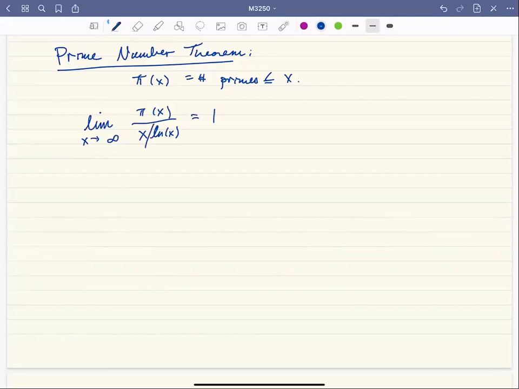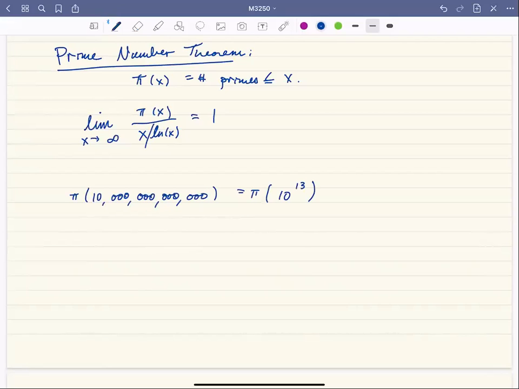Just as a little bit of comparison, let's look at 10 trillion. So 1,000, million, billion, trillion. So that's 10, so this is pi of 10 to the, let's see, 3, 6, 9, 12, 13. So this is pi of 10 trillion.